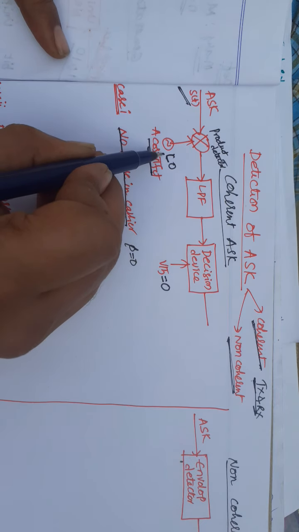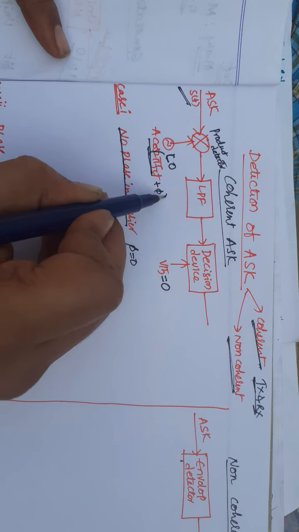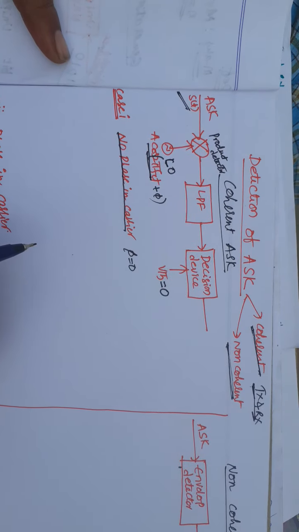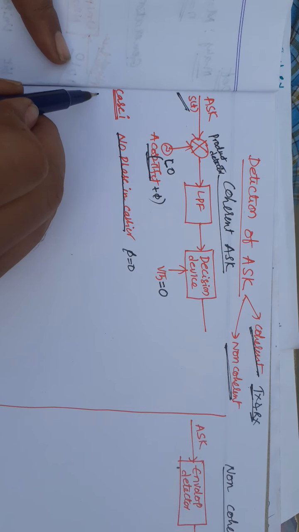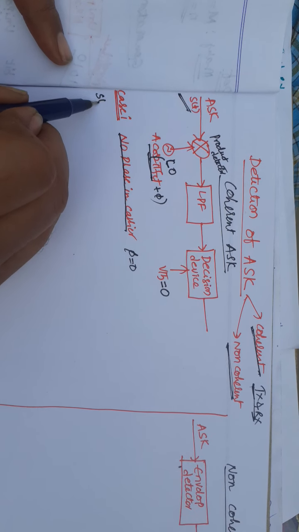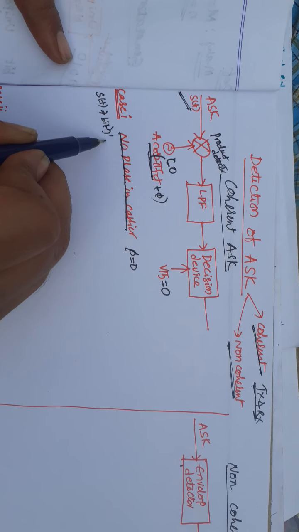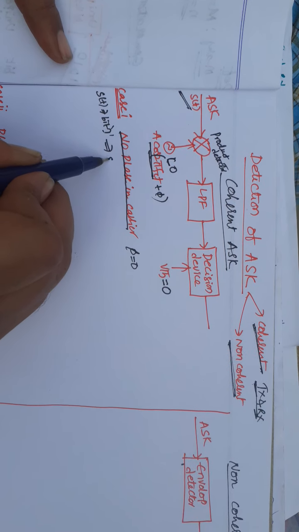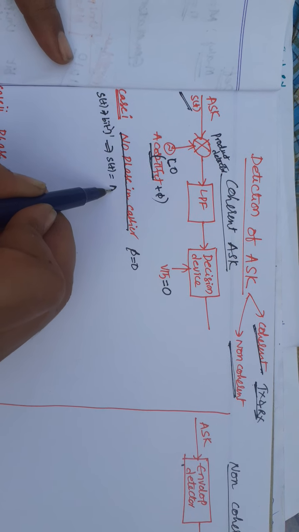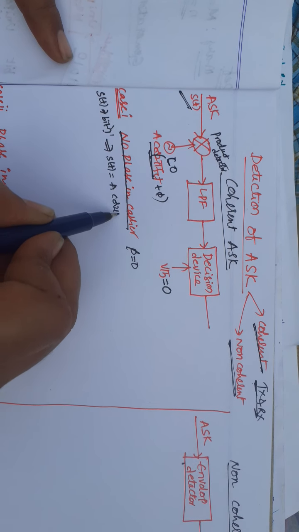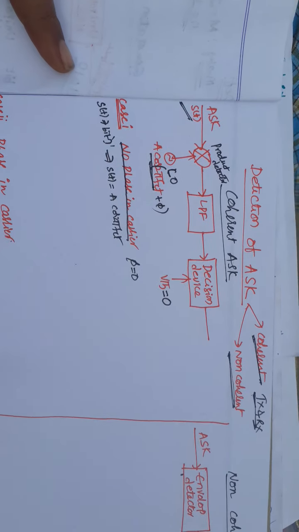If you write cos 2 pi fct plus phi, here phi is equal to 0, right? For example, in S of t, for bit 1 the equation is S of t equal to A cos 2 pi fct, right?